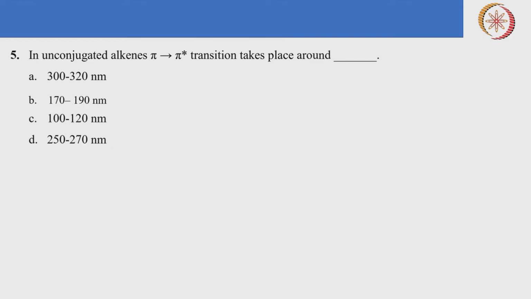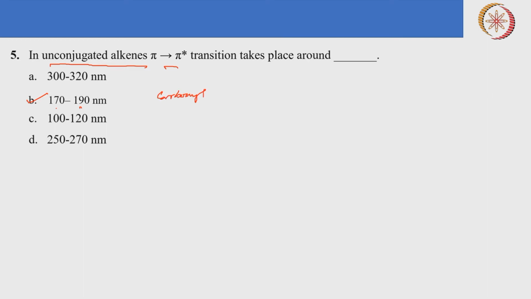Krishna has said B, 170 to 190 nanometer, and that is the right answer.